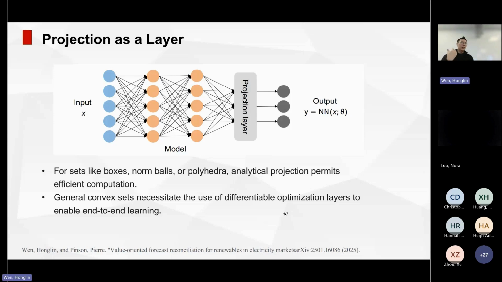For some simple sets, like boxes, norm balls, or polyhedra, it's quite easy. You can have analytical projection layers.